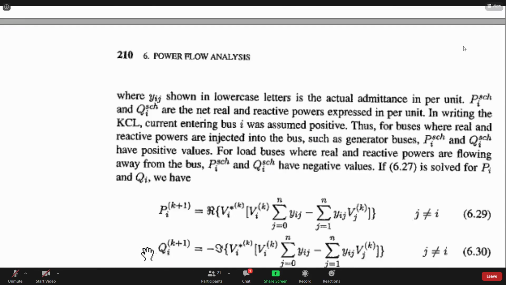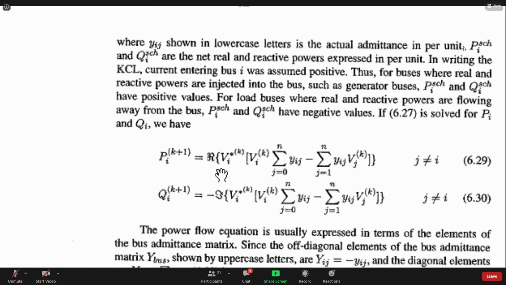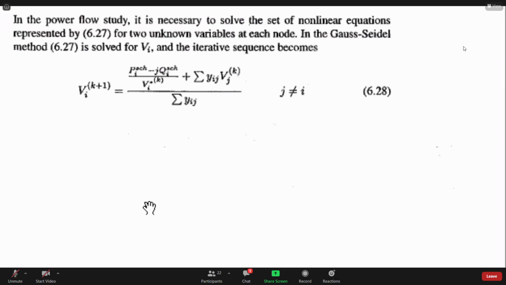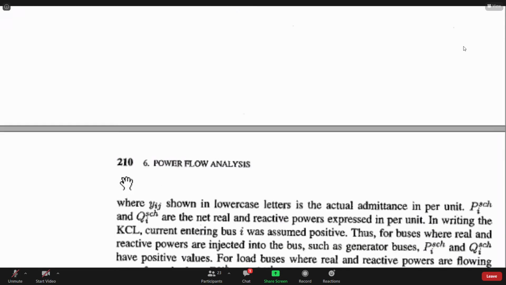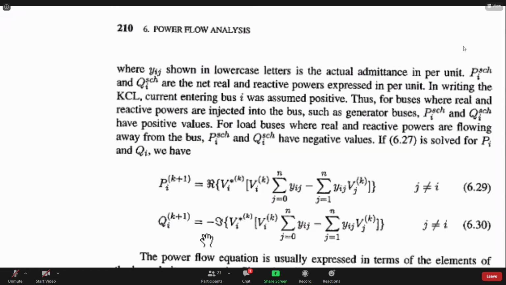When we equate, this will be the real part P, and the imaginary part has a negative sign, minus Q. This is the minus sign issue for the reactive part, because the general equation already has a negative sign, due to which Q is negative for the imaginary part.